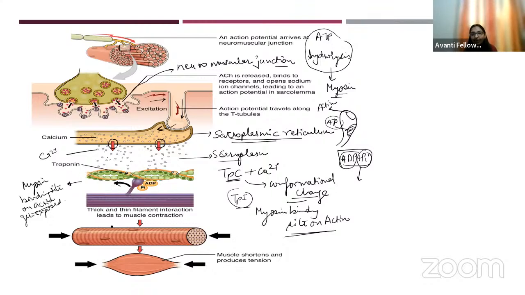This is how the sliding movement takes place. When the myosin head binds to the actin filament, the ADP is released and the inorganic phosphate is released, this actin filament will move like this. Myosin head will pull the actin filament inward.